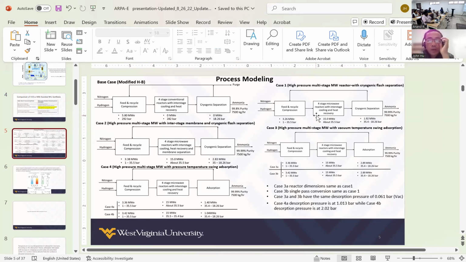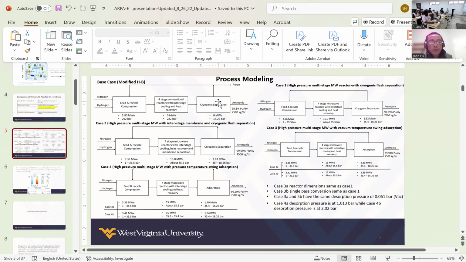One is the feedstock, the recycle and compression. That's very important, because the ammonia synthesis is not 100% conversion. The single pass conversion is not 100%. That means you need to recycle.